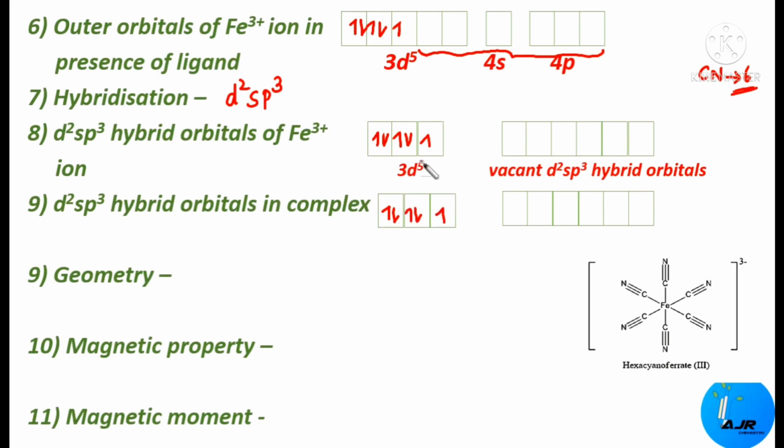What happens is that the d2sp3 hybrid orbitals of the central metal ion will overlap with the orbitals of the ligands. These cyanide ligands will give electrons, and those electrons will be accommodated in the vacant hybrid orbitals of the central metal ion.